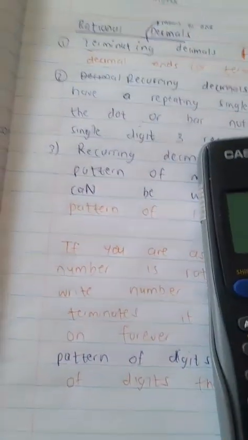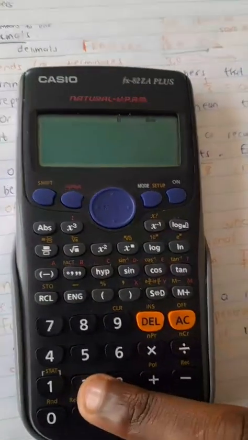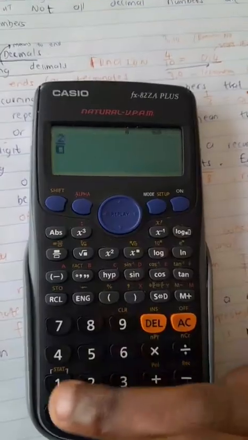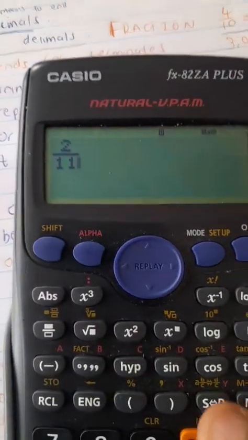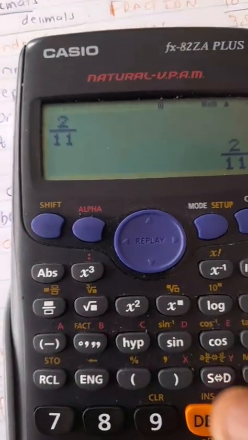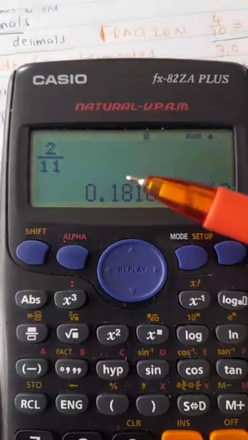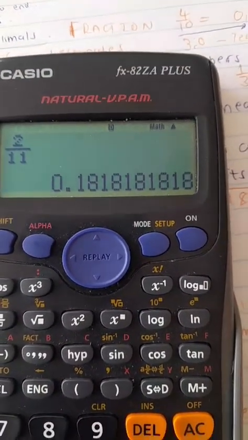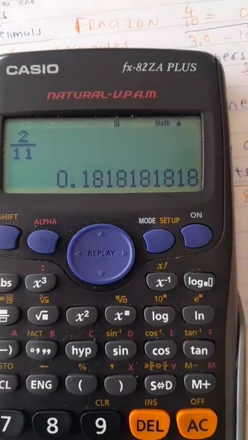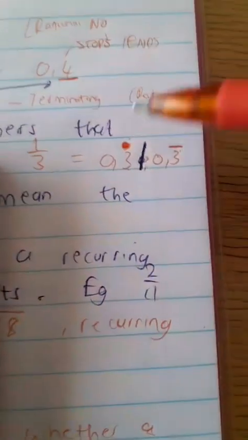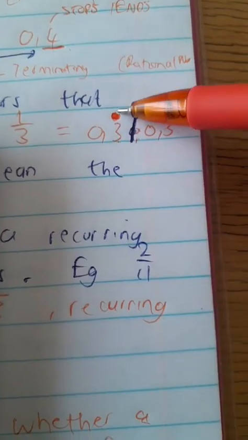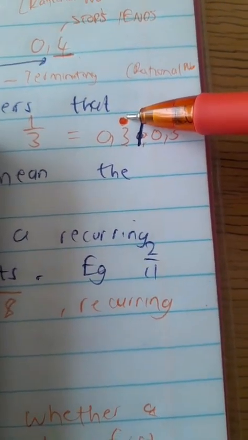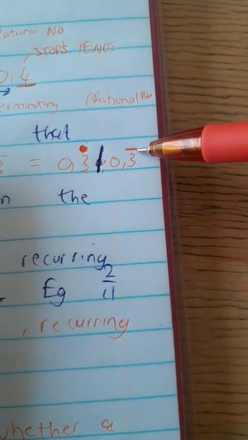Or multiple digits, 2/11. If we press equal and then press SD, look at this, 18181818 repeats infinitely. And remember, a dot on top of the number, or a bar on top of the number, indicates repetition.